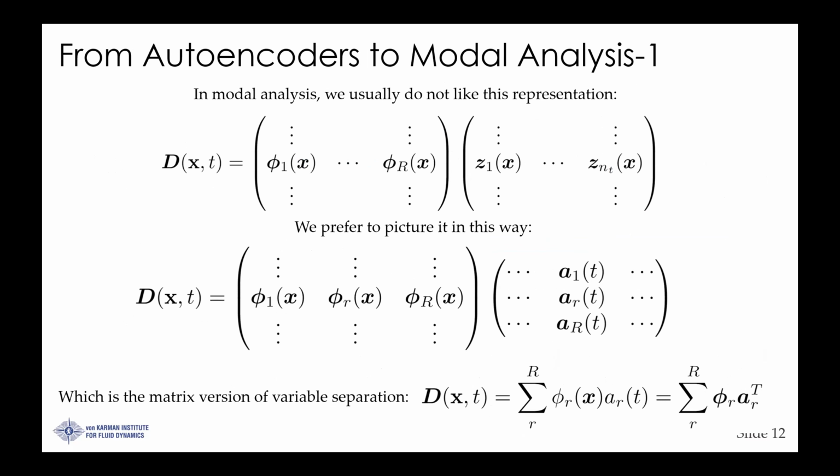So theta 1 is the reduced representation of P1, theta 3 is the reduced representation of P3, and so on and so forth. In modal analysis, we don't like to picture this in this way. We rather picture it in the transposed fashion. In POD, you will picture it in this way. In PCA, you will picture it in this way.